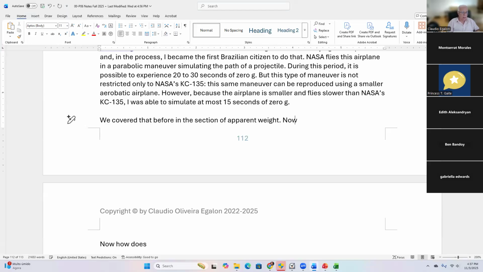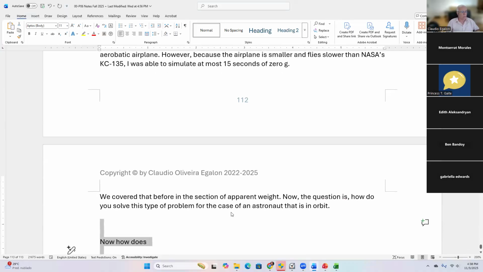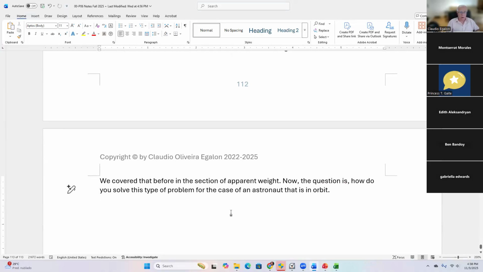Now, the question is, how do you solve this type of problem mathematically for the case of an astronaut in orbit?